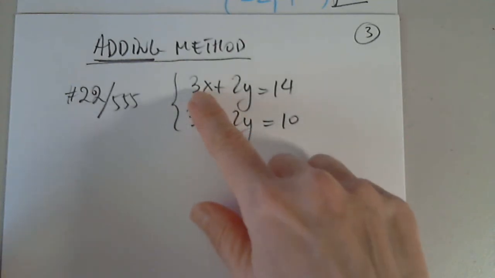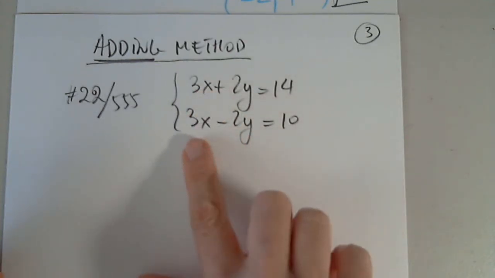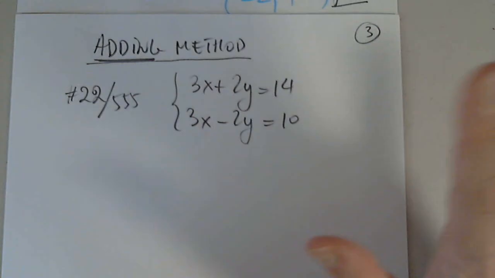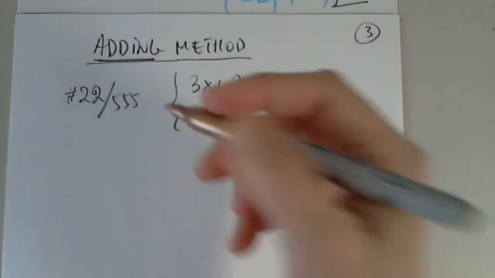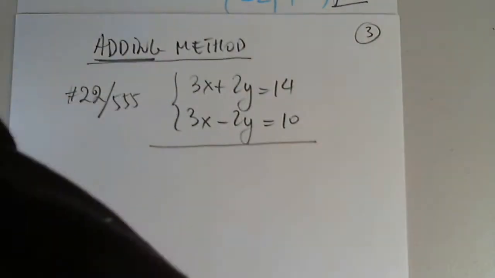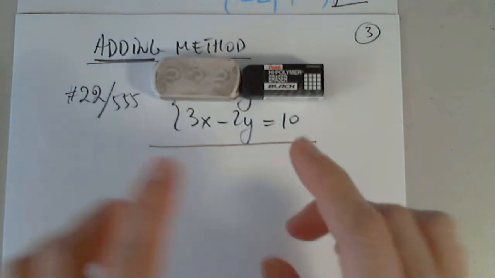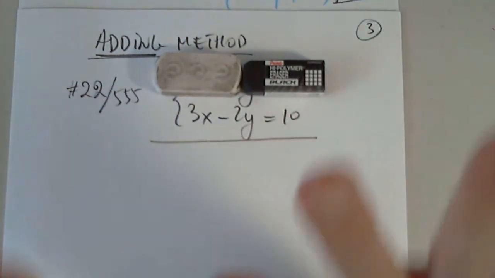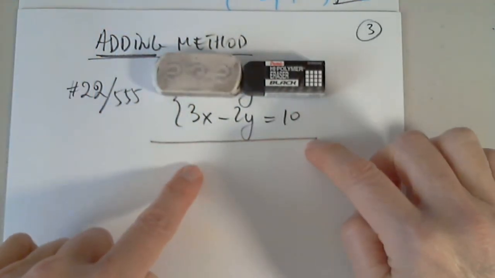Will I use substitution? No. The coefficient of x is 3. No, I don't want to use substitution. The coefficients of y are 2 and negative 2. But I notice that if I decide to add 5 to both sides here, I'm allowed to.